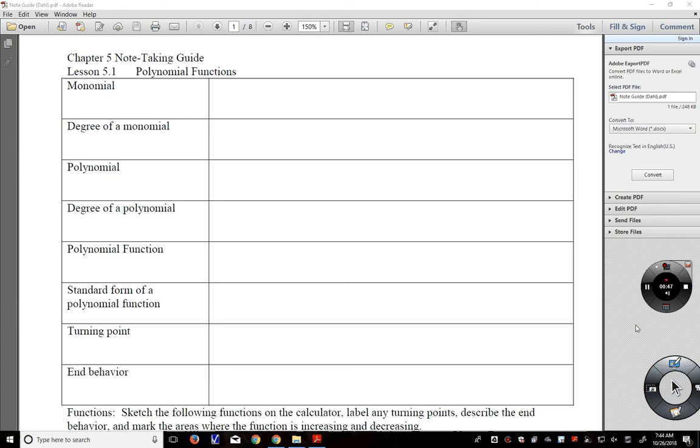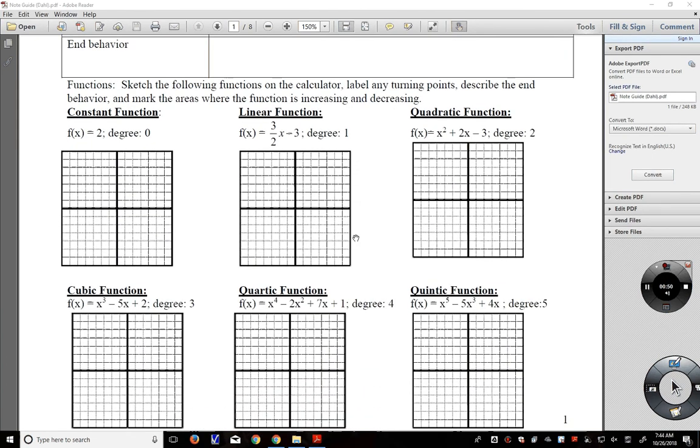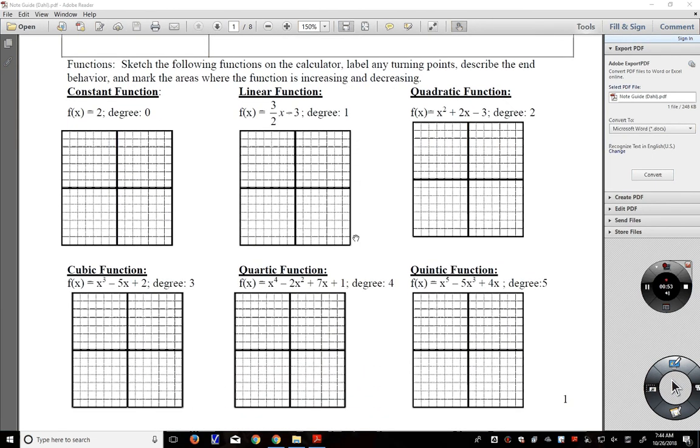So when you guys sketched these functions, okay, these were all polynomials except for the first one. If we wrote it as an expression, if it wasn't an equation, so if the f of x equals was gone and we just wrote 2, that would be a monomial, okay? So what's the difference between a monomial and a polynomial?